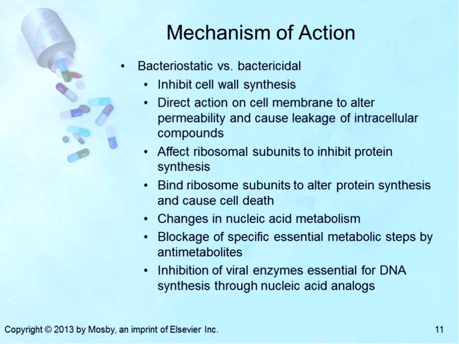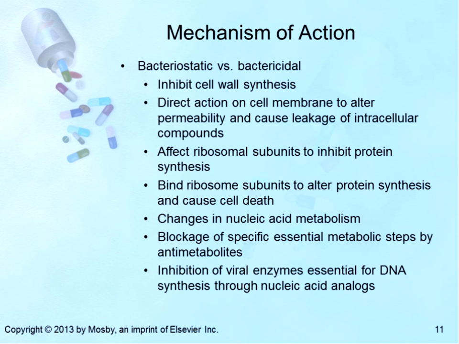They can also affect the function of ribosomal subunits that inhibit protein synthesis. Examples of this are the bacteriostatic actions of tetracycline, erythromycin, clindamycin, and chloramphenicol. They may also bind ribosome subunits to alter protein synthesis and cause cell death. Examples of this include the bactericidal action of aminoglycosides. They also block specific essential metabolic steps.